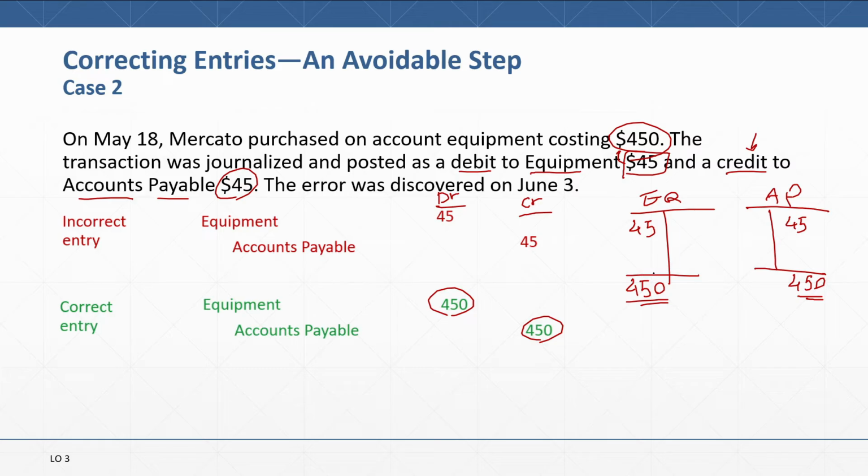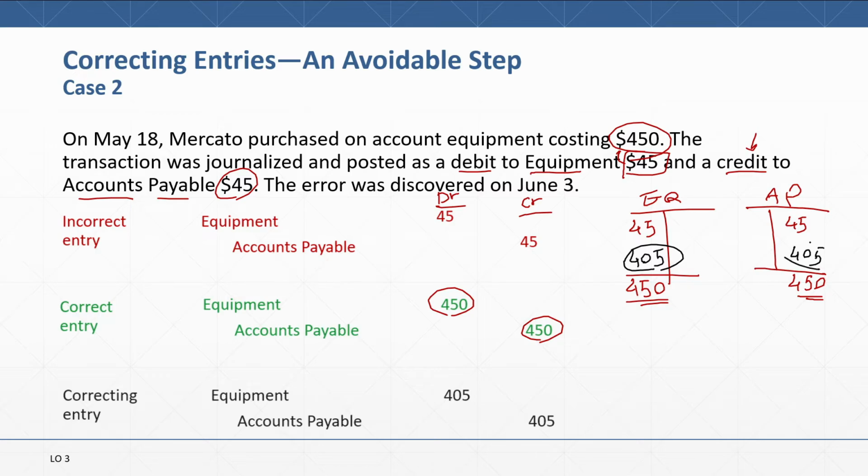To fix that, we simply journalize the difference, $405. By doing that, $405 plus the $45 initially and mistakenly recorded, together give us the correct balance, again assuming there was no beginning balance.